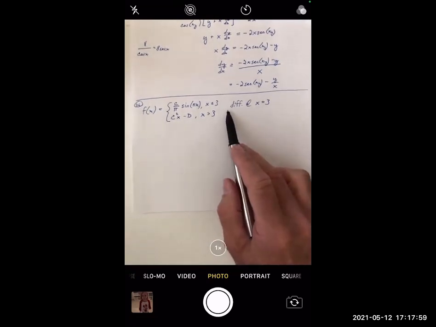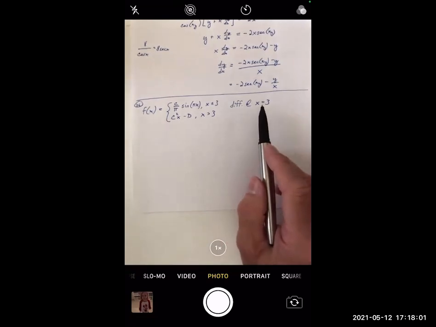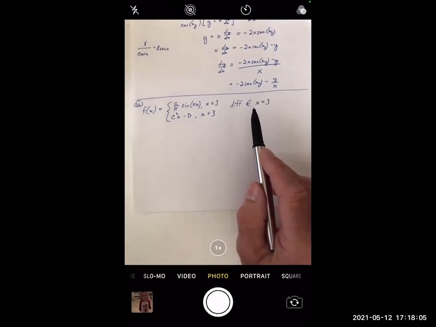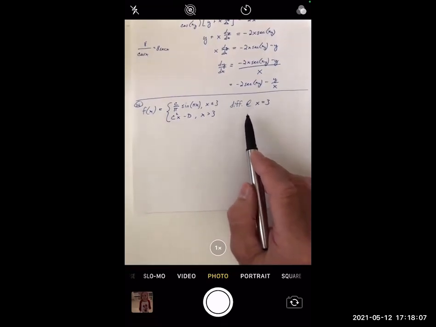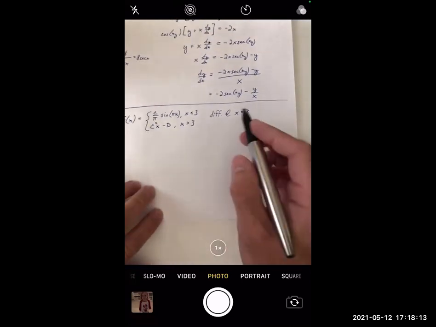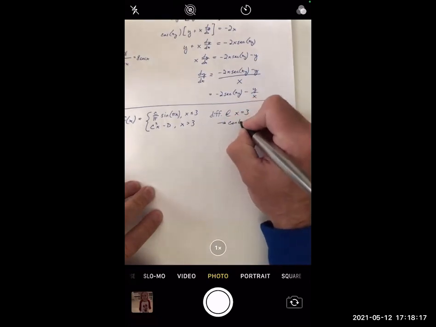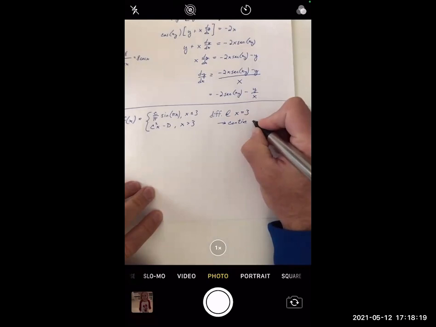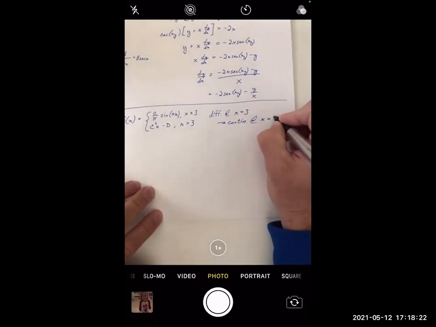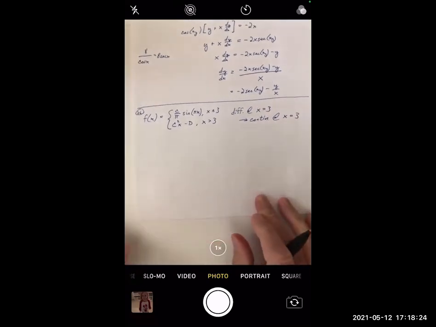Like if they say something's differentiable, then they're implying something else that they don't have to tell you. It's continuous. Yeah. So if you know it's differentiable, it's also continuous at x is equal to 3.